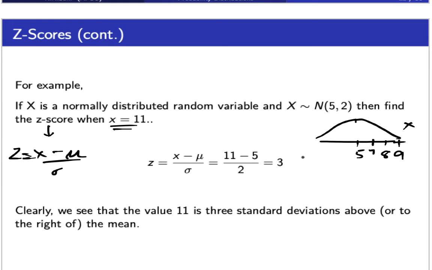Now let's go to the other side. Remember, when we use this Z-score, what's going on?